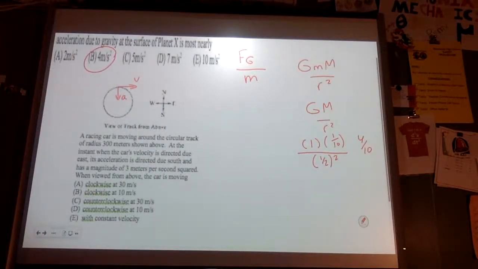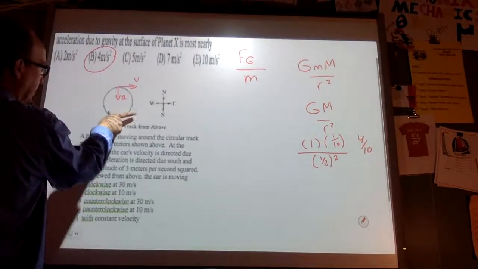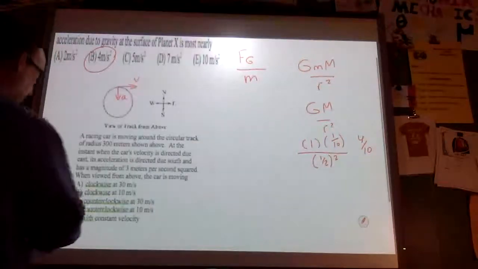That's the only way that works, right? Because if it was going the other way around, when it's east, its acceleration would be north, because the acceleration has to be centripetal. And it has a magnitude of 3 meters per second squared when viewed from above. The car is moving clockwise.